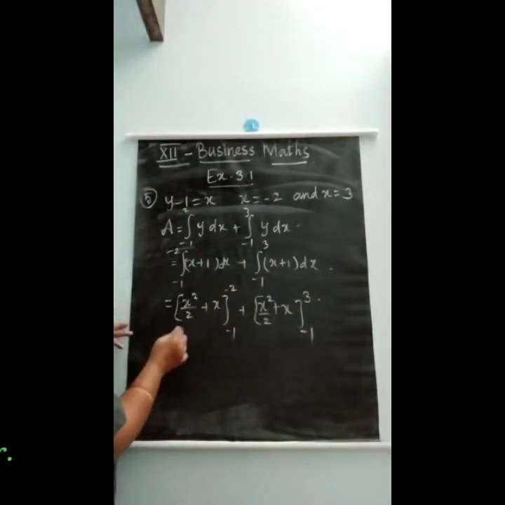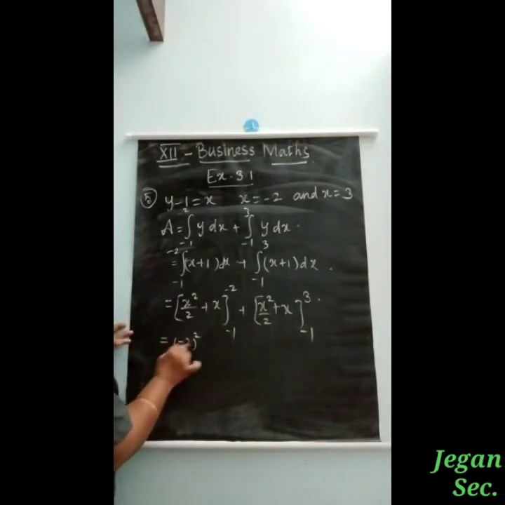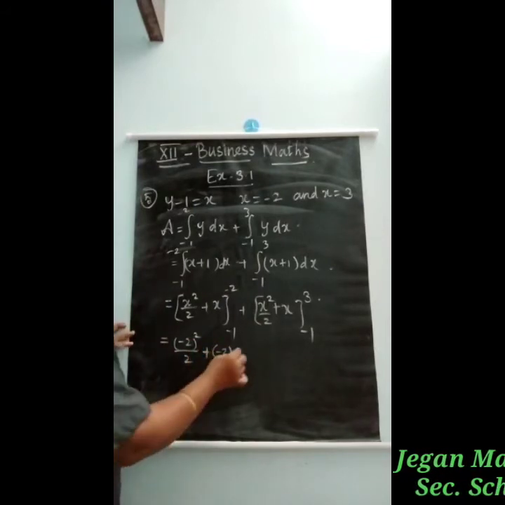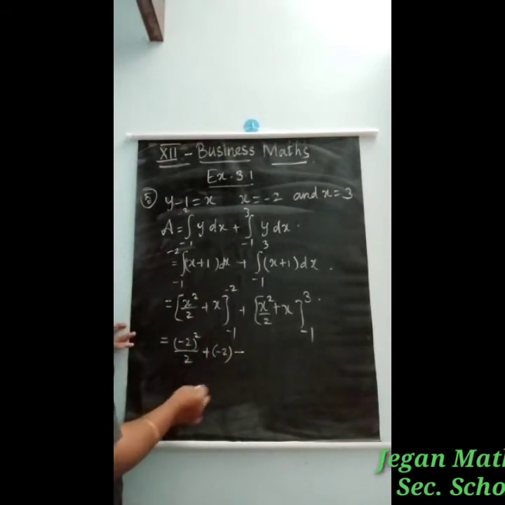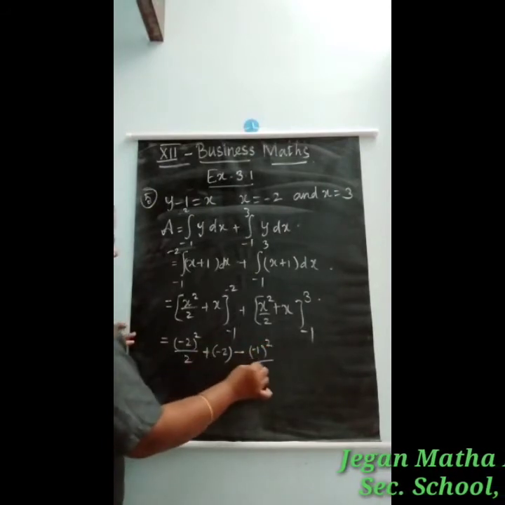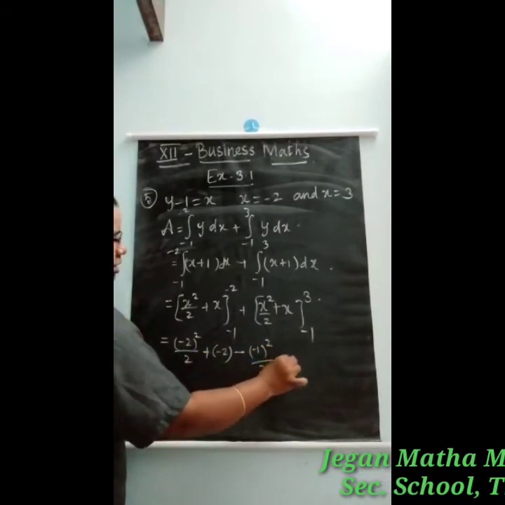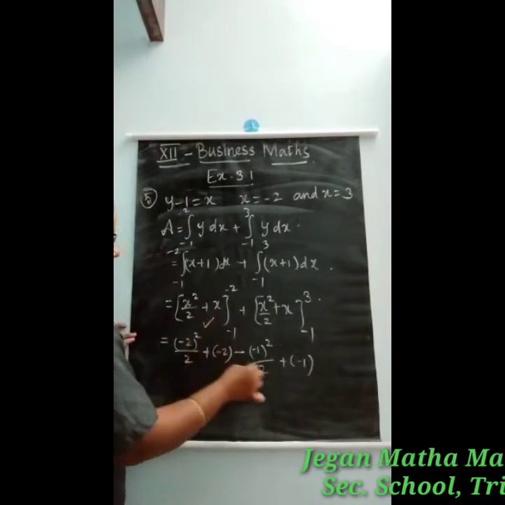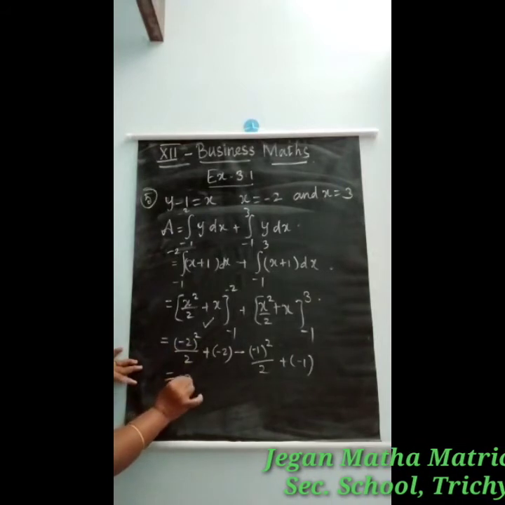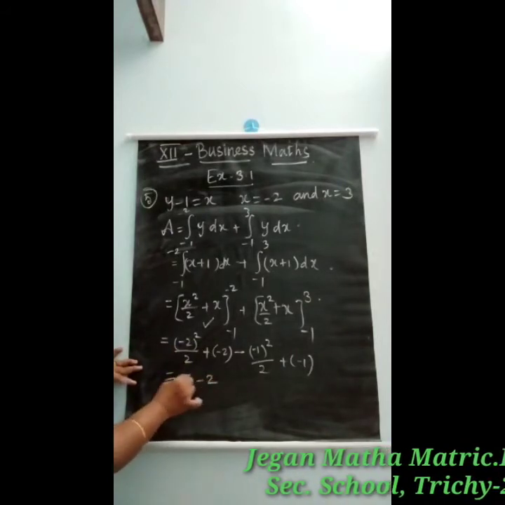Now substitute the upper limit, so that is equal to minus 2 the whole square by 2 plus minus 2, and put the lower limit minus 1 the whole square divided by 2 plus minus 1. For this one first I will do it. So 2 squared is 4, 4 by 2 is 2, 2 minus 2 cancel.